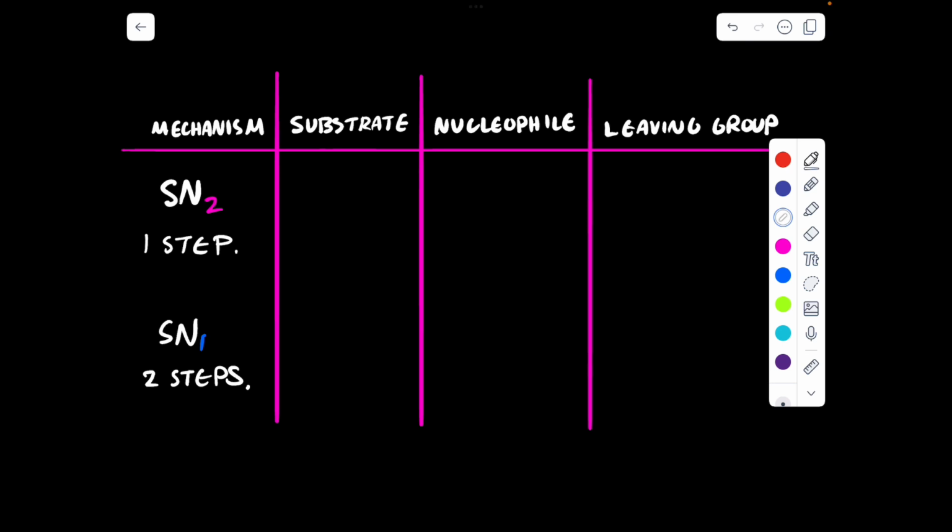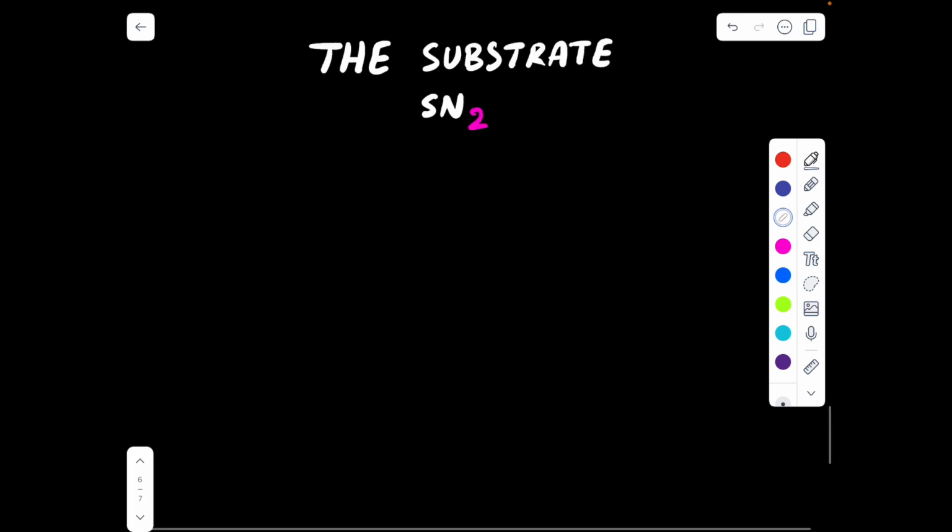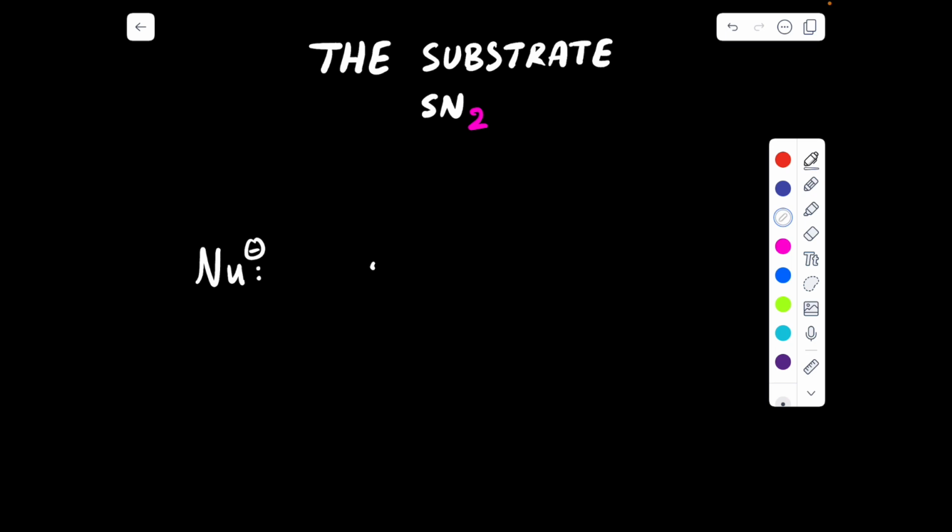So now the next thing we're going to talk about is the substrate. The substrate for an SN2 reaction, where we have a nucleophile attacking some carbon with a leaving group, is usually going to be referred to as either a 1' carbon or a 2' carbon, where primariness refers to how many other alkyl groups the carbon with the leaving group is attached to.